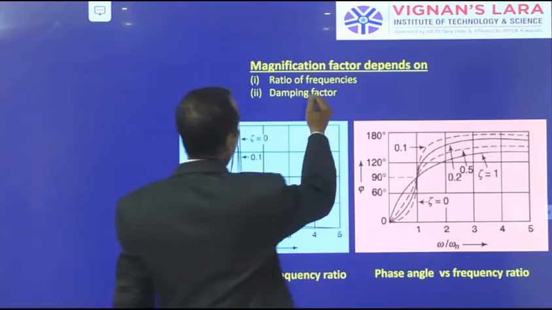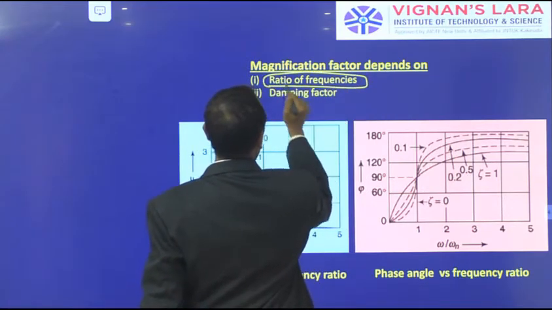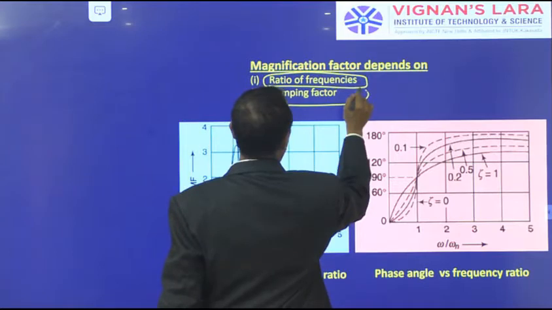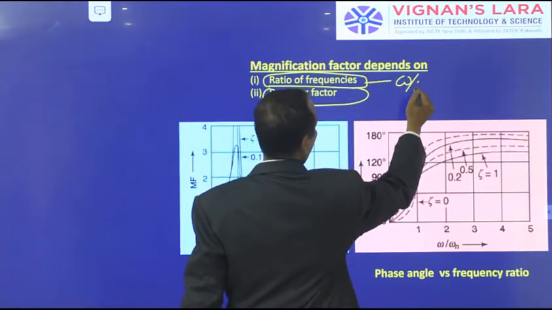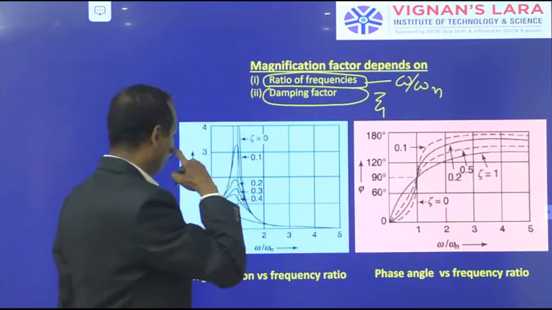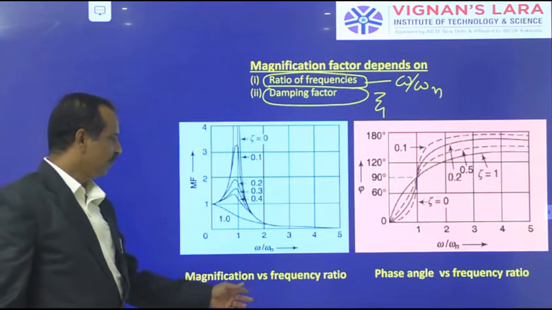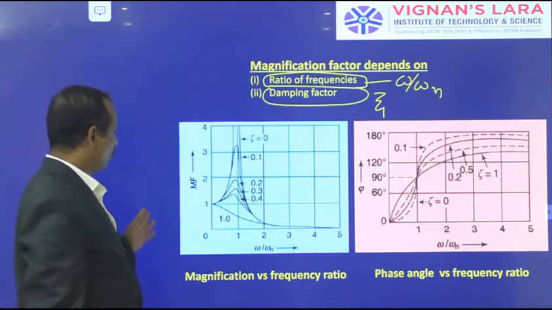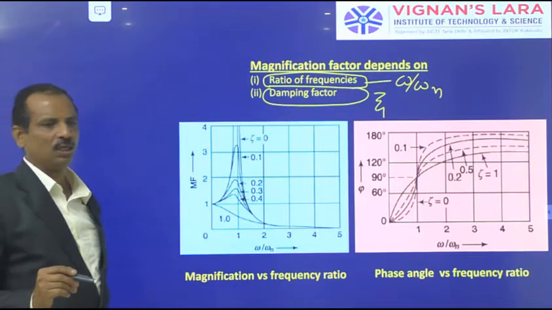Just now I said the magnification factor depends on the ratio of frequencies as well as the damping factor. What is this ratio of frequency? Omega by omega n. What is the damping factor? Zeta. Let us see the magnification versus frequency ratio curve. What is the unit for magnification?